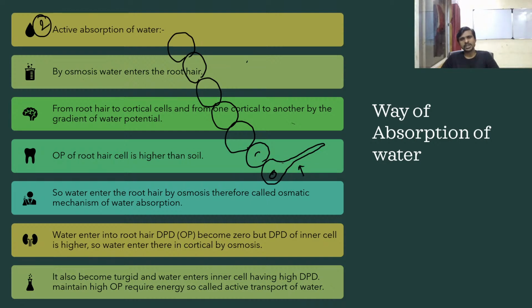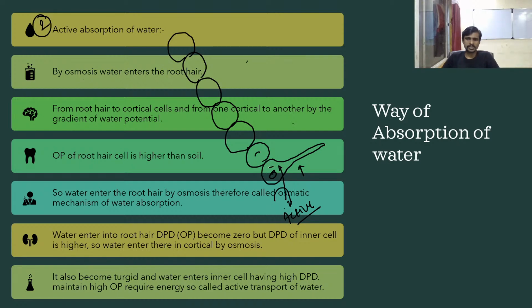The osmotic pressure of this cell is more than the soil. That means it has already accumulated a greater number of solutes as compared to the soil. It keeps plenty of salt ready with itself, and this accumulation of more salt requires energy, and that's why we call it active transport. Why is it active? Because it requires energy to maintain the high osmotic pressure inside.